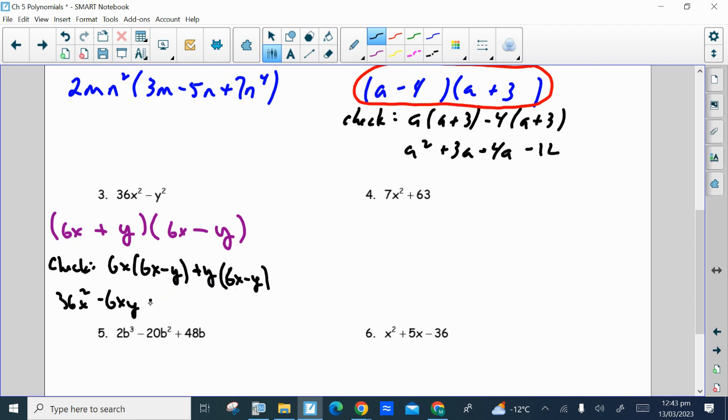So positive y times 6x is positive 6xy, and negative times a negative y is positive y squared. So you see you got the 36x squared at the start, you got the y squared at the end. The 6xy's cancel because one's a negative, one's a positive. That leaves you with just the original expression. So we have just shown that our factors are correct. They do work.